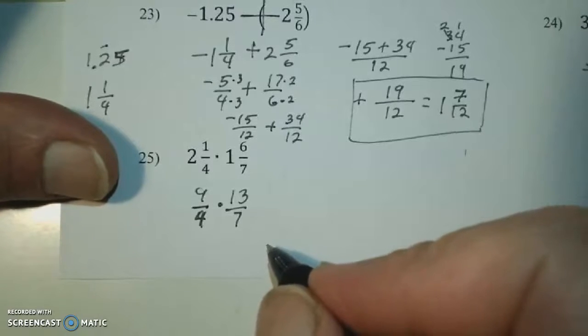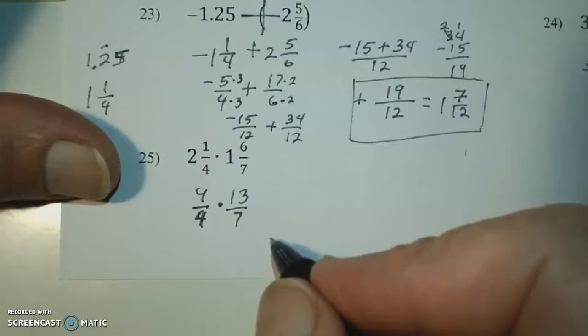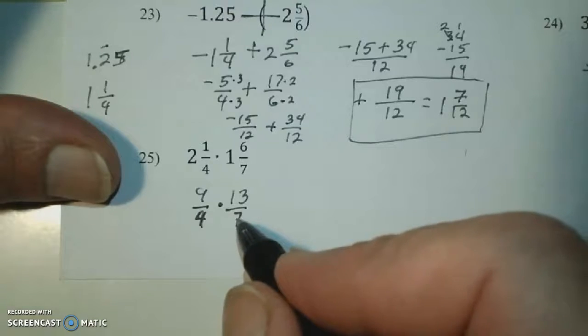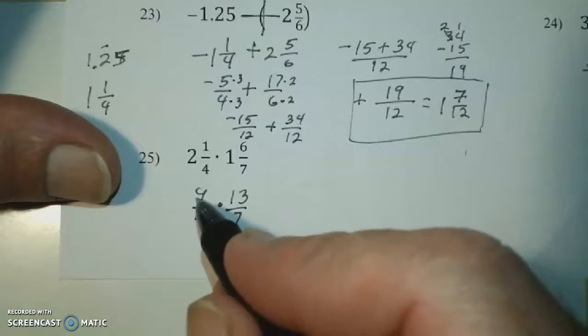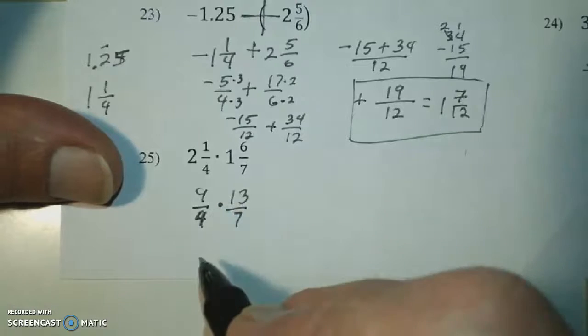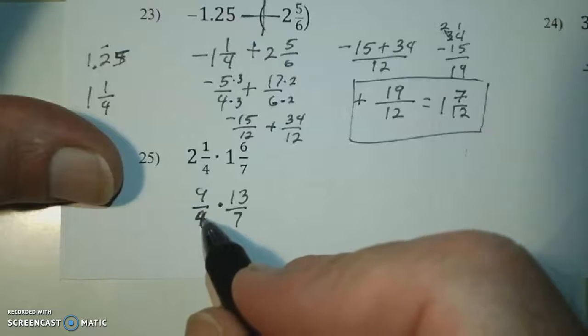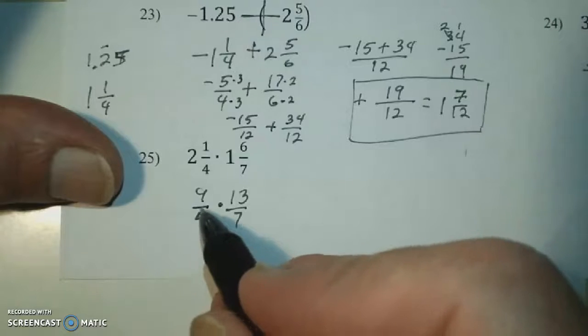You do not need common denominators when you multiply. If you could reduce, you'd reduce, but nothing can be reduced here. 7 can only be divided by 7. Nothing up here can be divided by 7. 4 could be divided by 1, 2, or 4. Or 2 and 4 is all we care about.